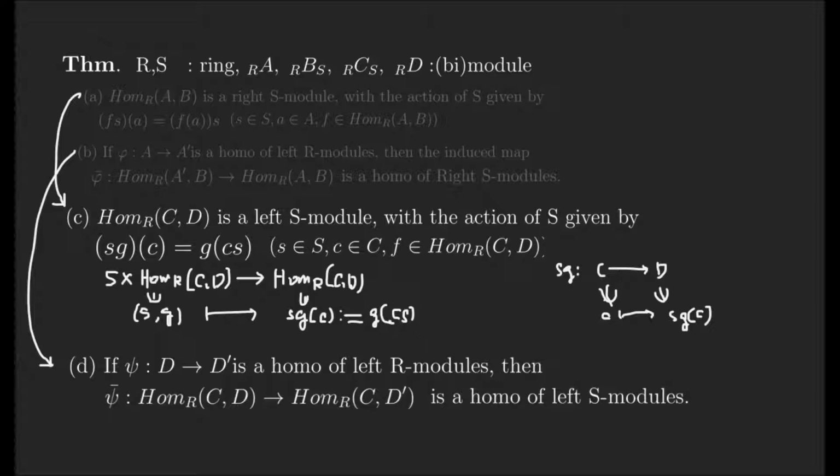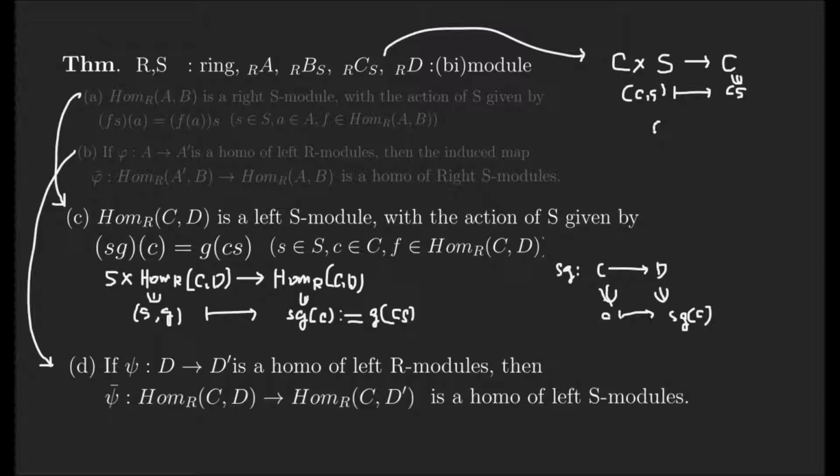In the case of CS, because C is an R-S module, in this case S, C goes to C, and CS goes to CS. So the CS map is clearly in C. And the map G, what is G?